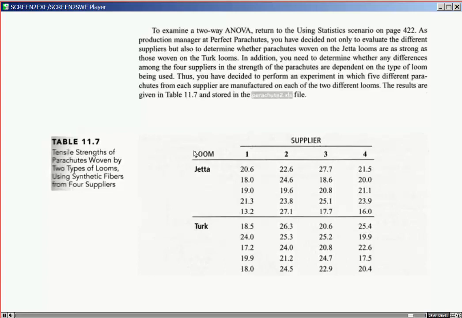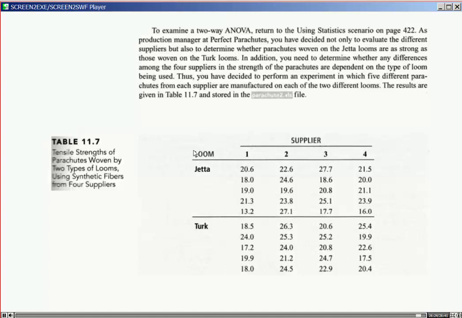In addition, you need to determine whether any differences among the four suppliers in the strength of the parachutes are dependent on the type of loom being used. Thus, you have decided to perform an experiment in which 5 different parachutes from each supplier are manufactured on each of the 2 different looms.